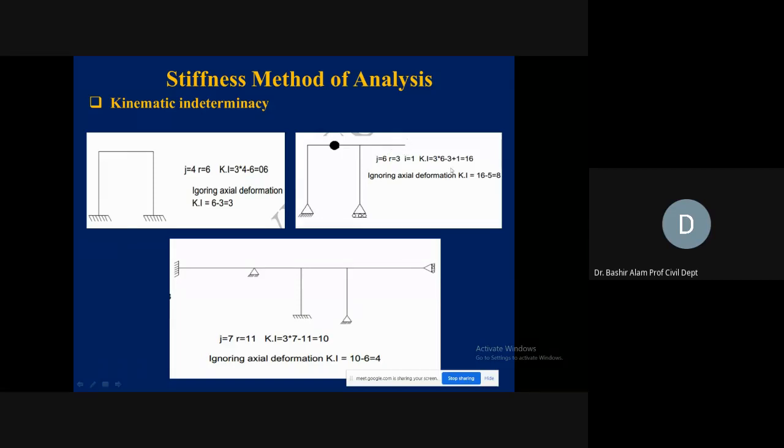So how much do we have? You can add them up and see if it comes equal to 16 degrees. Ignoring the axial effects, we have 1, 2, 3, 4, 5 members we need to take out. So this is becoming 16 minus 5, which is equal to 11. It should be 11, not 5.